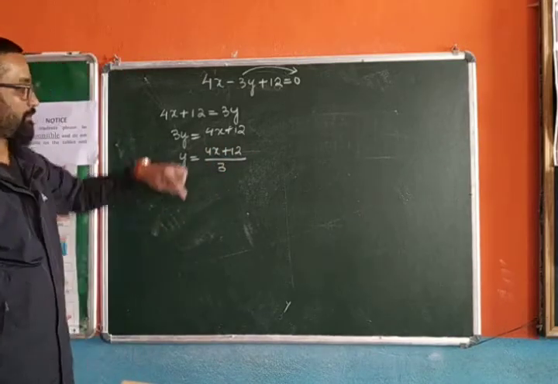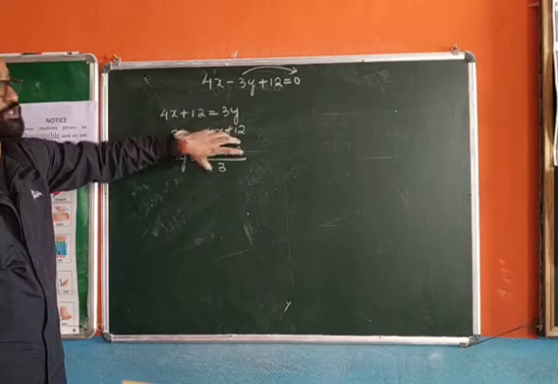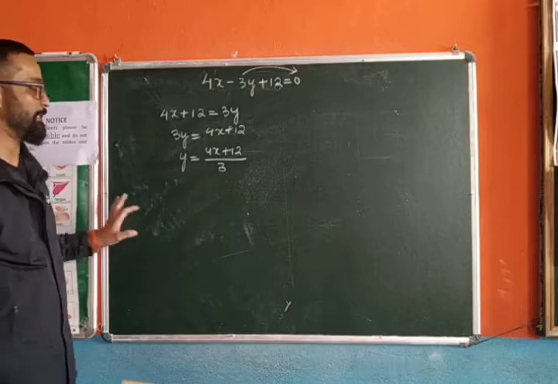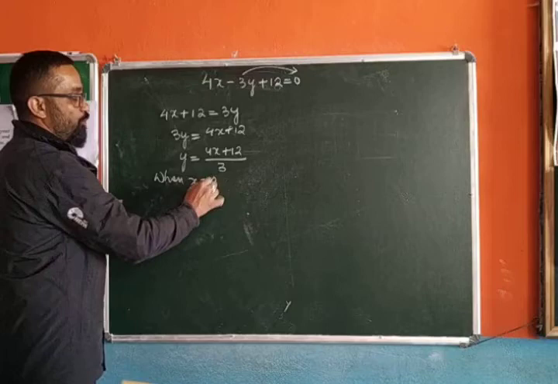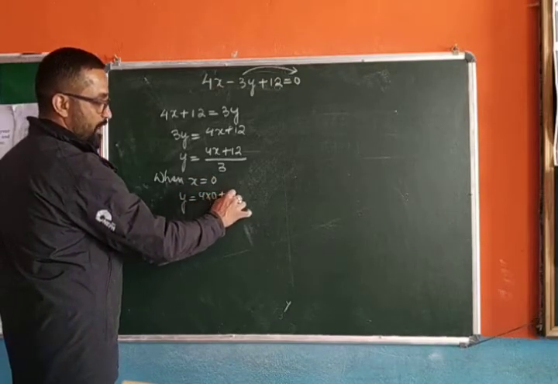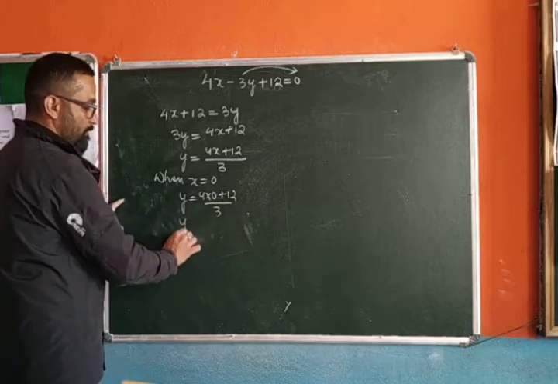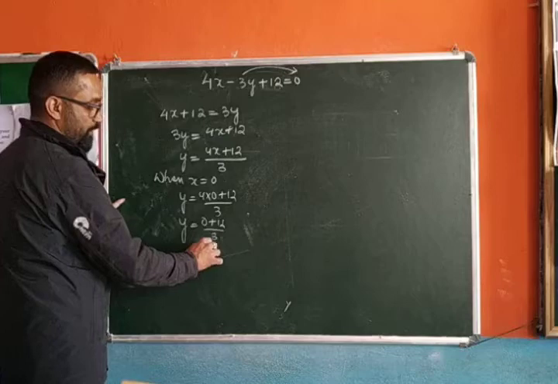Start assuming. Substitute the value such that whatever numerator comes, it should be divisible by 3. So I am assuming x as 0. y equals (4 into 0 plus 12) divided by 3. y equals (0 plus 12) by 3. Cancel it, you get 4.